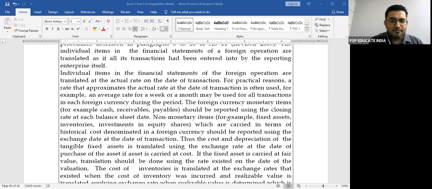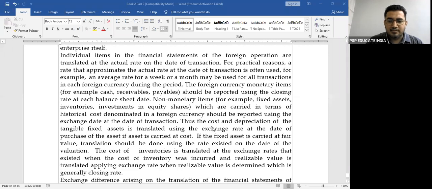The foreign currency monetary items such as cash, receivables, payables should be reported using the closing rate on each balance sheet date. Non-monetary items such as fixed assets, inventories, investments in equity shares which are carried in terms of historical cost denominated in the foreign currency should be reported using the exchange rate on the date of transaction. Thus, the cost and depreciation of a tangible fixed asset is translated using the exchange rate on the date of purchase of the asset if the asset is carried at cost.